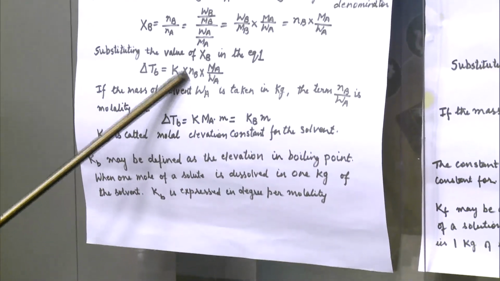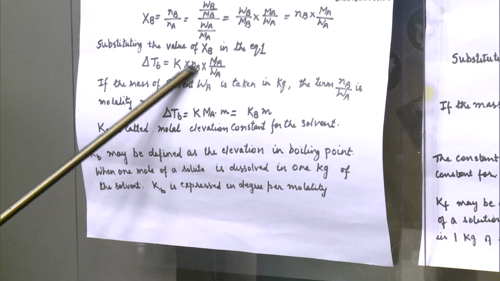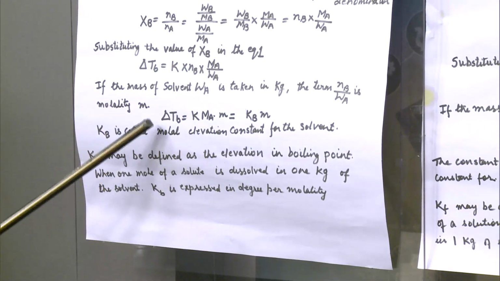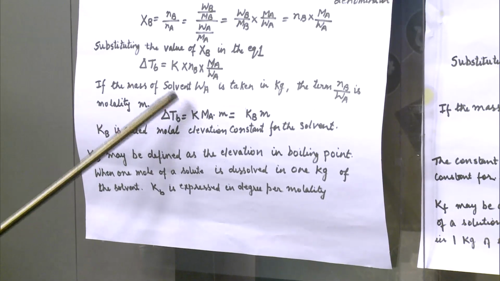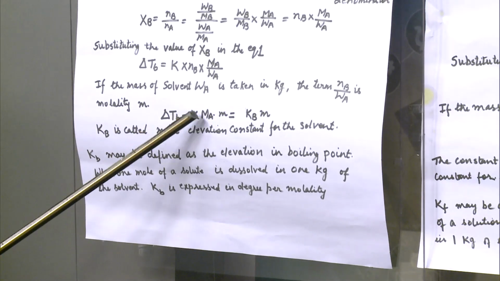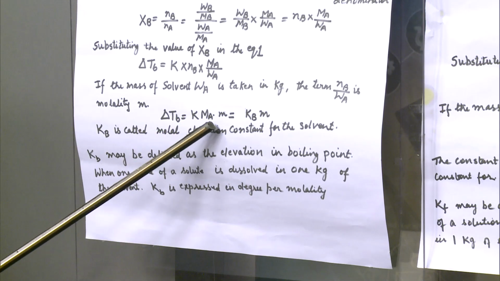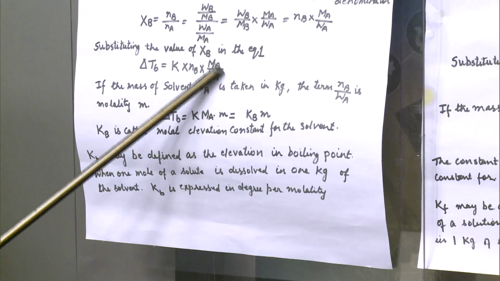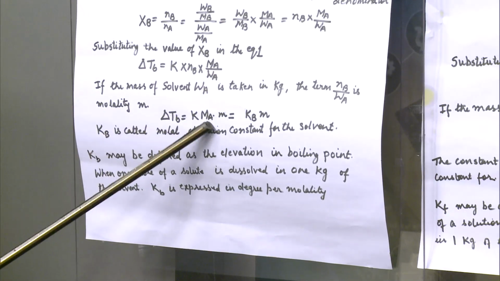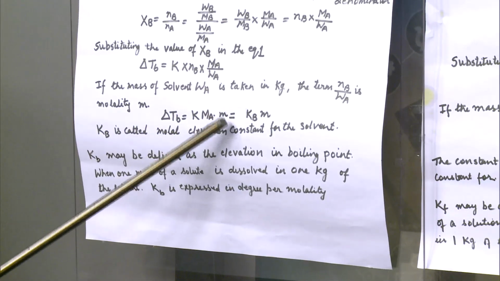It means this Nb upon Wa is molality. So, what we get ultimately is delta Tb is equal to K, Ma into molality, because Nb upon Wa is molality. So, we are writing here small m for molality.